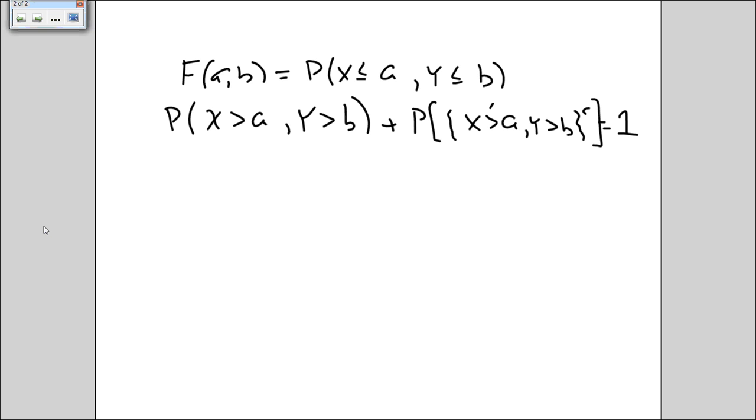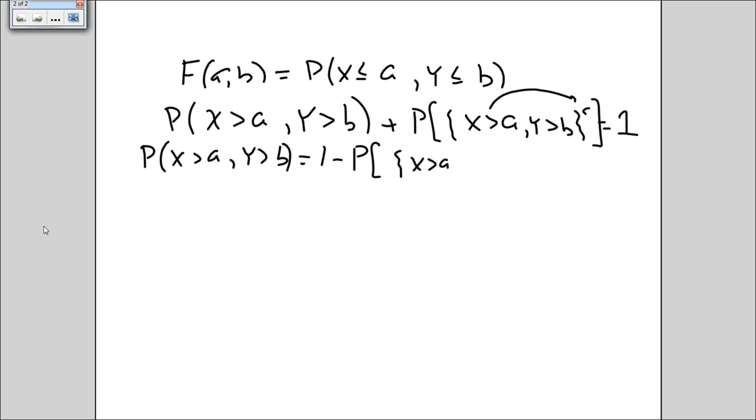So the probability that X is bigger than a and Y is bigger than b is 1 minus the probability of the complement.